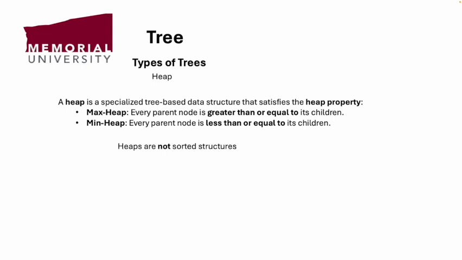A heap is not a sorted sequence. It only limits parent and children. They know the parent is greater or less than or equal, but they don't know the relationship between all the siblings. That's why it's not a sorted sequence, not like a binary search tree, where the in-order traversal gives you a sorted sequence, but not for the heap.